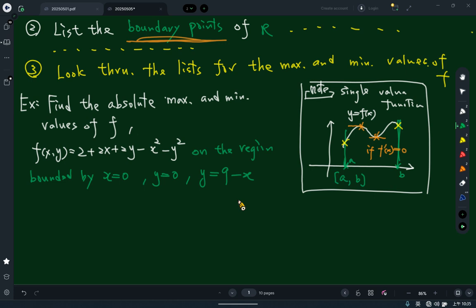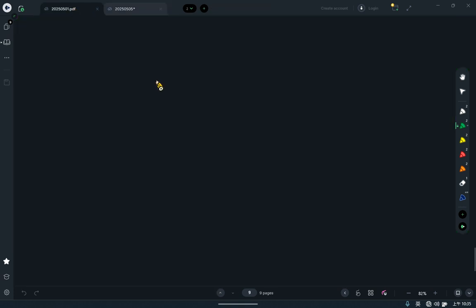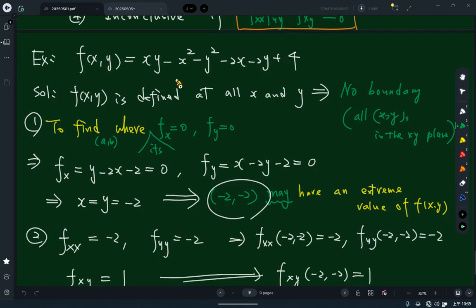So you can see this is an extra condition. If we just hide the green part, then we will just go back to the example like this one.